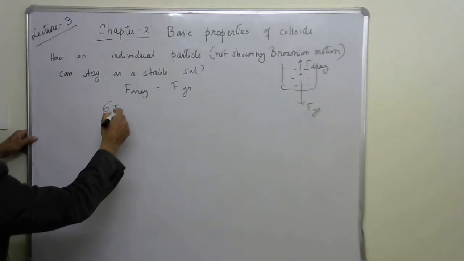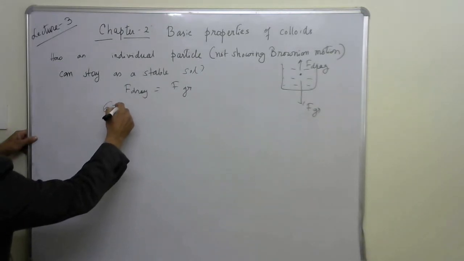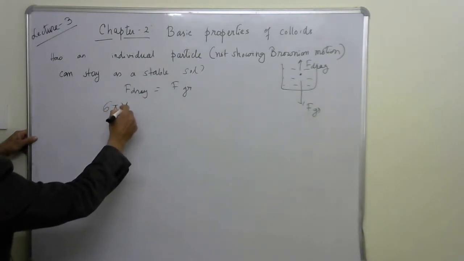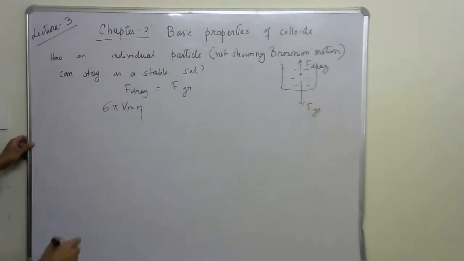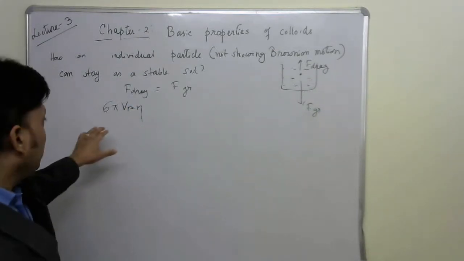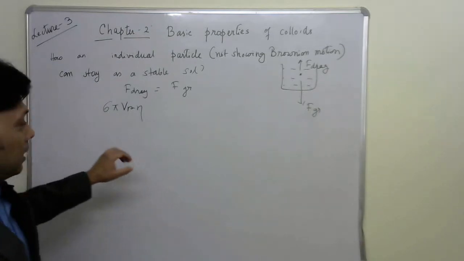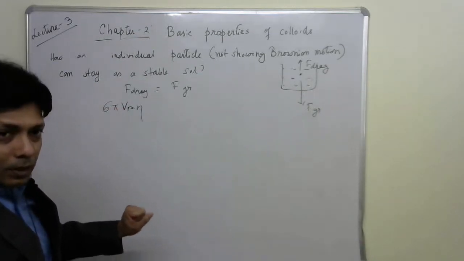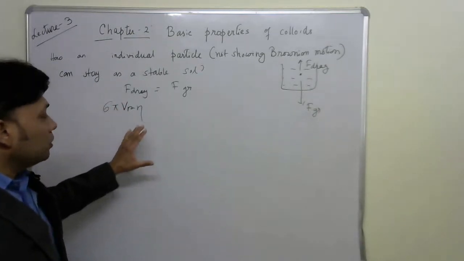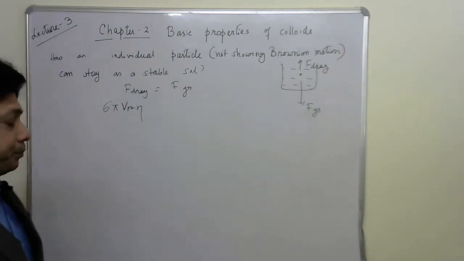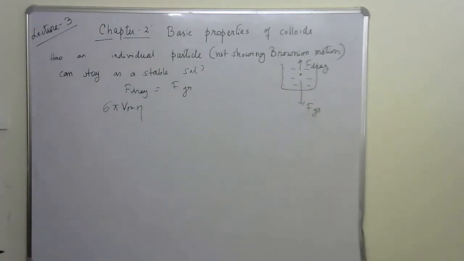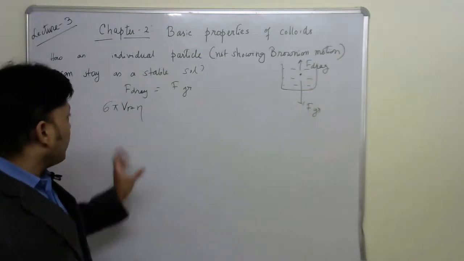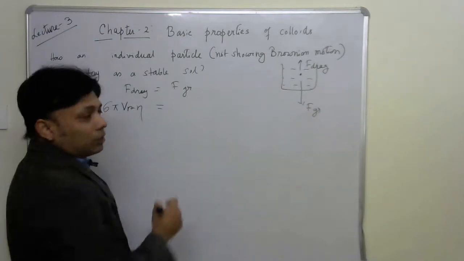This is 6 pi v, and then we have the radius r of the particle, assuming that it is a spherical particle, multiplied by eta. Eta is a constant and it is related to the viscosity of the liquid. Okay, so therefore this viscous drag force should be equal to the gravitational force.